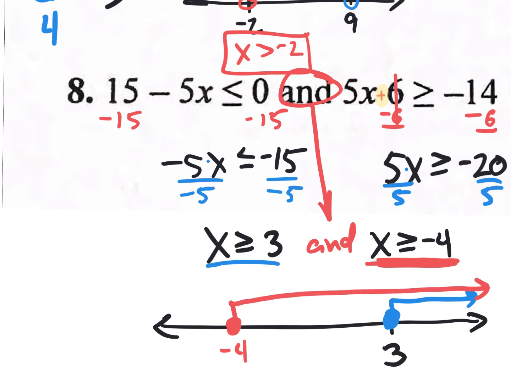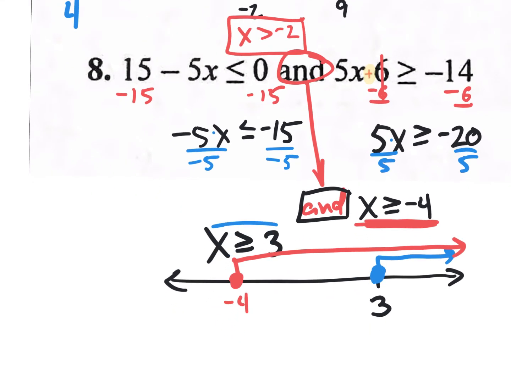Now the word and implies that it has to work for both the red one and the blue one. So what inequality do I write? From here this way, that's where it's working for both.